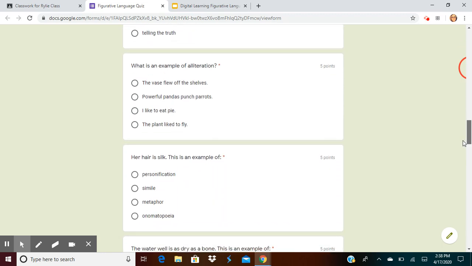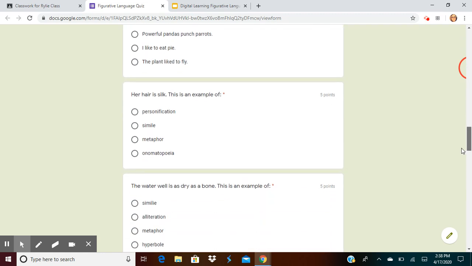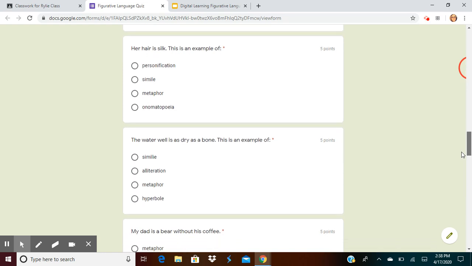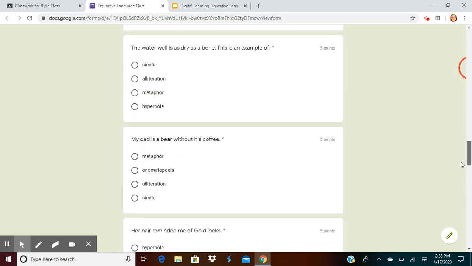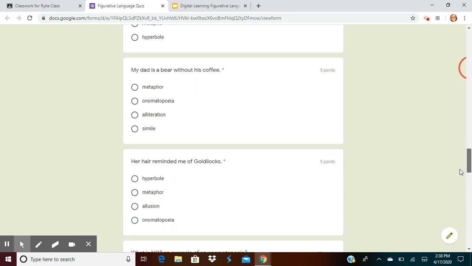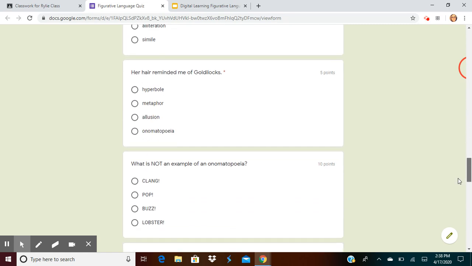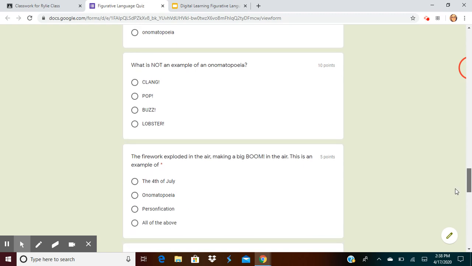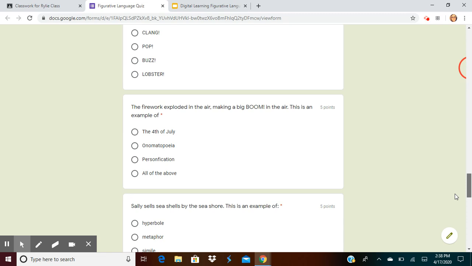Her hair is silk. This is an example of, and then you let me know. The water well is as dry as a bone. This is an example of, and then you let me know. My dad is a bear without his coffee. This is an example of, her hair reminded me of Goldilocks. Is an example of, what is not an example of an onomatopoeia? The firework exploded in the air, making a big boom in the air.